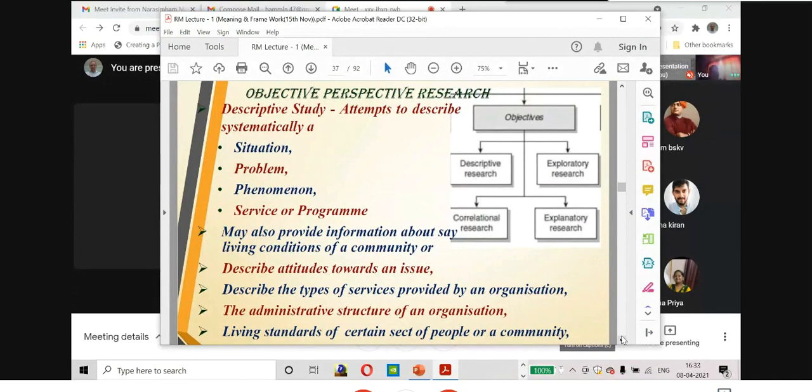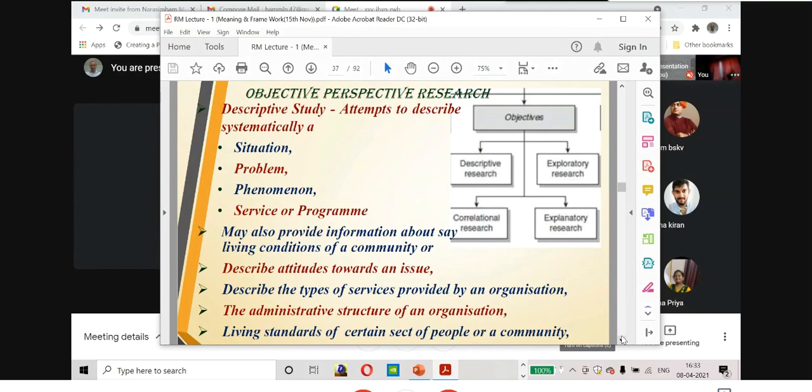Then, with respect to your objective, it can be either descriptive, correlational, explanatory or exploratory. A descriptive study attempts to describe systematically a particular situation. So in that particular situation, what has happened? You describe it. Or you describe the problem, or a phenomenon, or a program or a service.